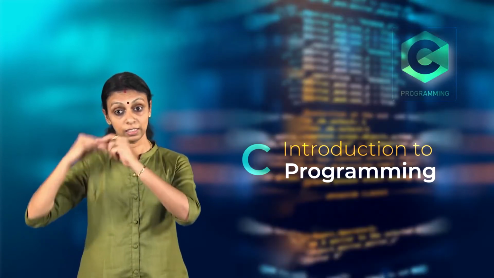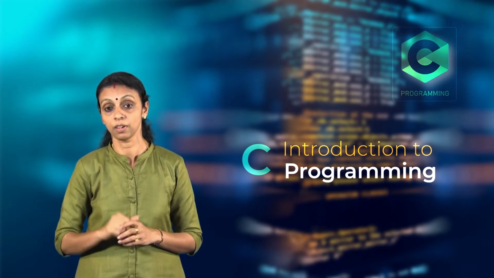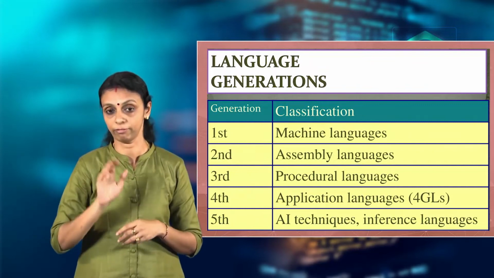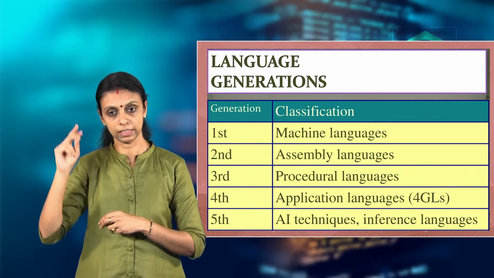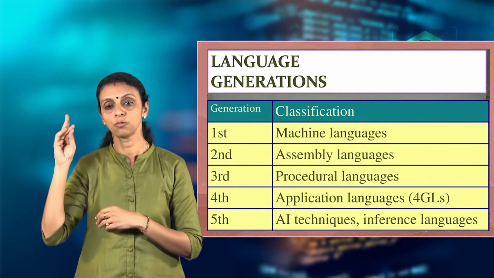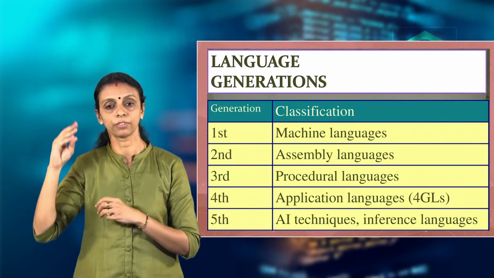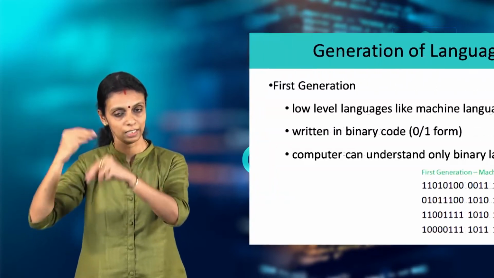Now, let us see generations of languages. There are 5 generations of programming languages. They are first generation, second generation, third generation, fourth generation and fifth generation. First generation languages.